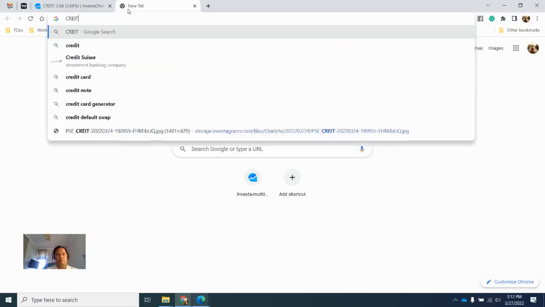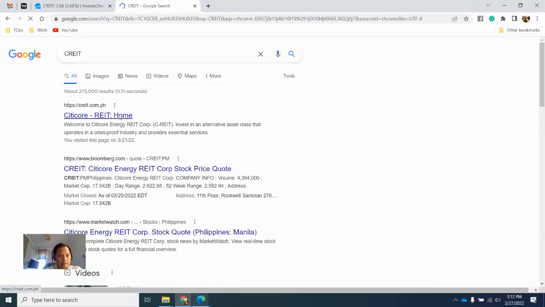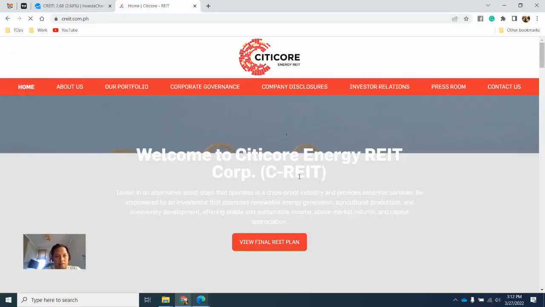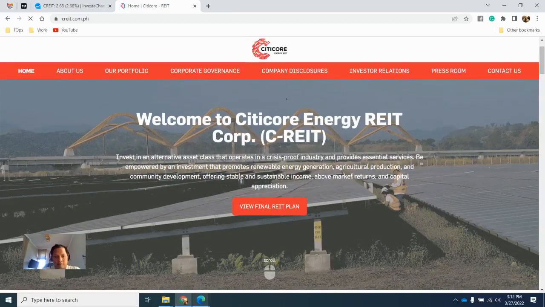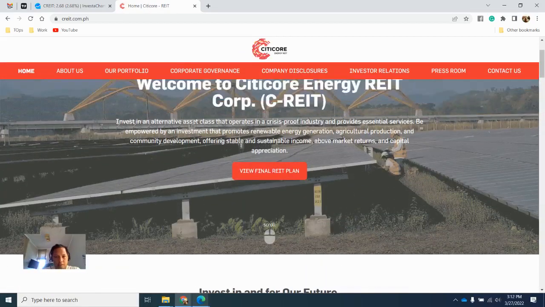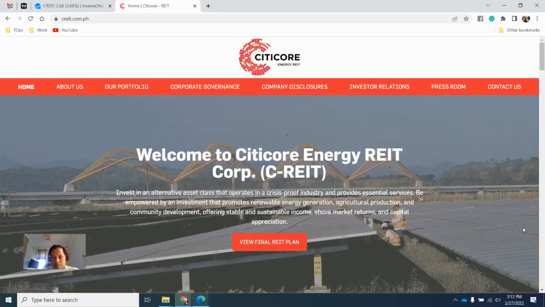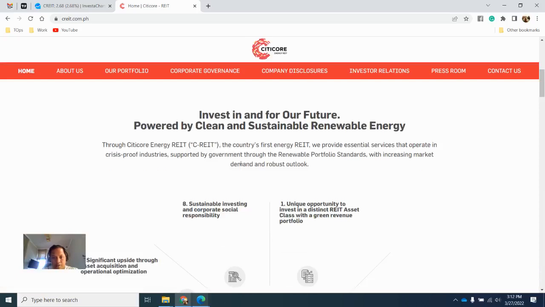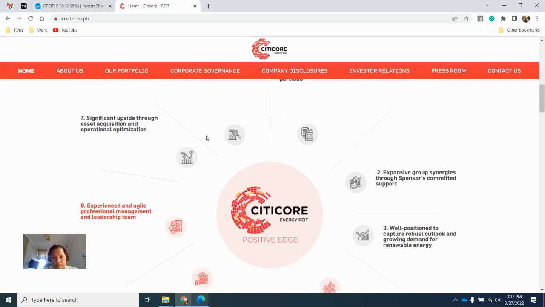Knowing that it's an energy sector, if you go to Google and look for CREIT, Citicore Energy REIT, they are investing in an alternative asset class that operates in crisis-proof industry. It's about the renewable energy sector, like solar power and others.